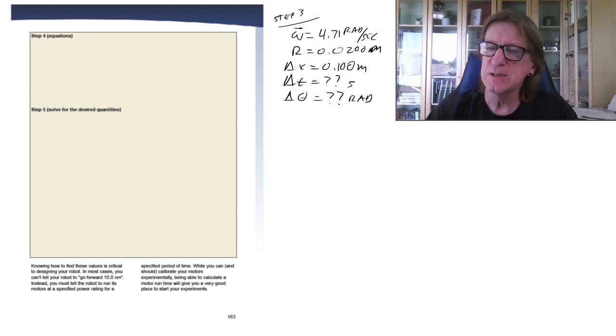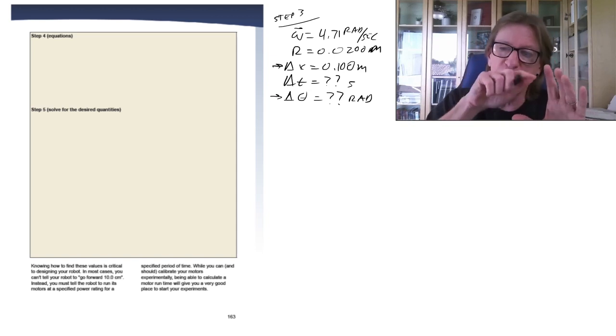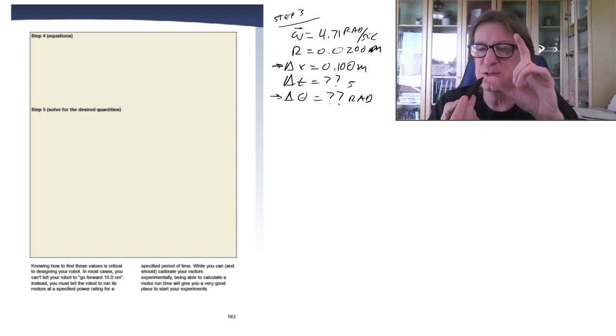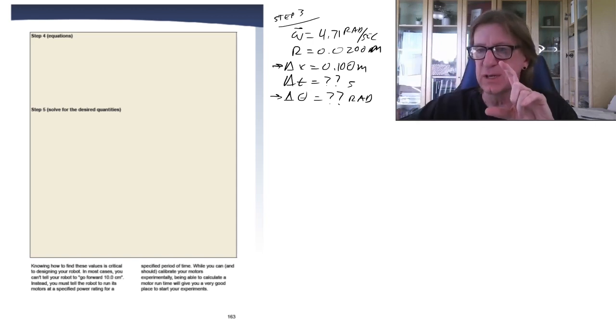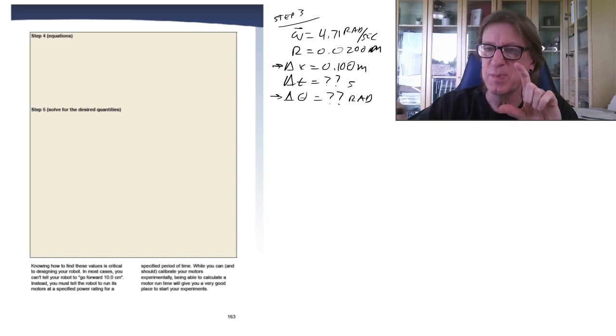All right, so now I see that I need 2 equations for these unknowns. Well, we said in step 2 we were going to convert our delta x into our delta theta. And so think about the wheel rolling, and if I've got just a little blob of paint on it, so it leaves a paint line as it draws. As it rotates, it's going to draw that paint line, and I want that paint line to be 10 centimeters long.